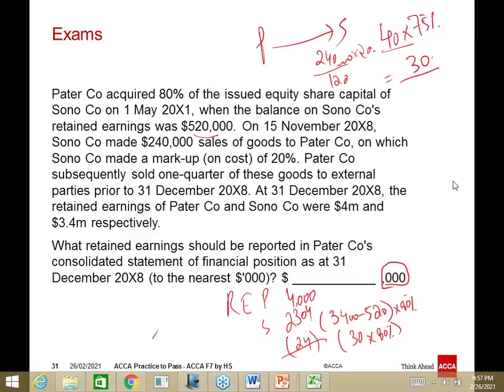You will not do the time portion because the retained earning was given to you at the date of acquisition and at the reporting date. As the subsidiary company is selling, it should be deducted, but with the percentage. Why are we deducting the acquisition retained earnings from the reporting date? Because we need to calculate the post-acquisition profit. Only the post-acquisition profit of the subsidiary will be reported on the consolidated balance sheet.